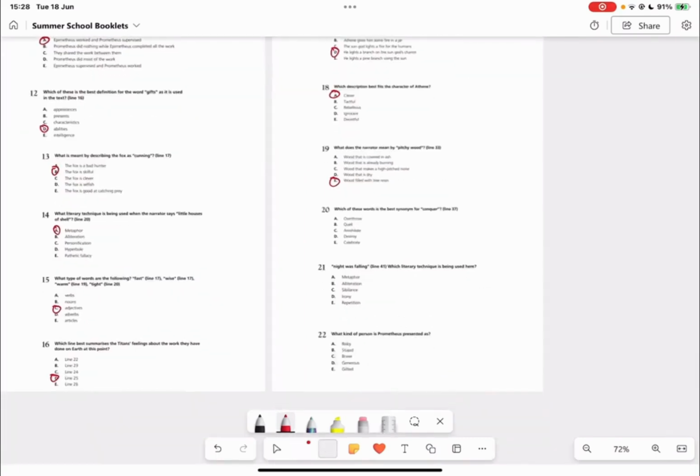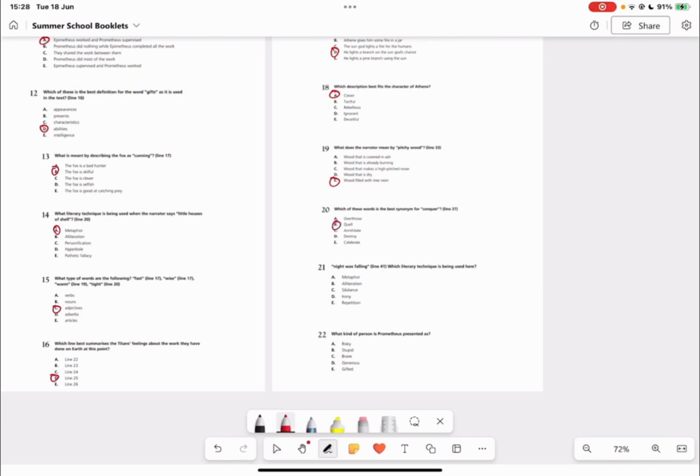Okay. Which of these words is the best synonym for conquer? So for question 20, if you're conquering something, the answer to this one will be quell.